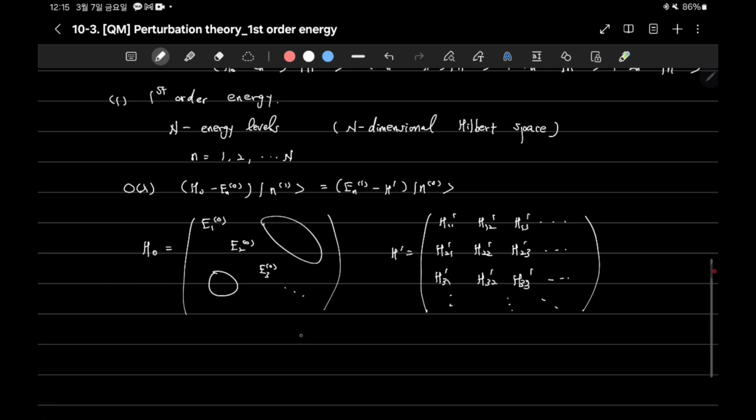In general, the matrix element Hij prime is H prime between the basis states i and j.